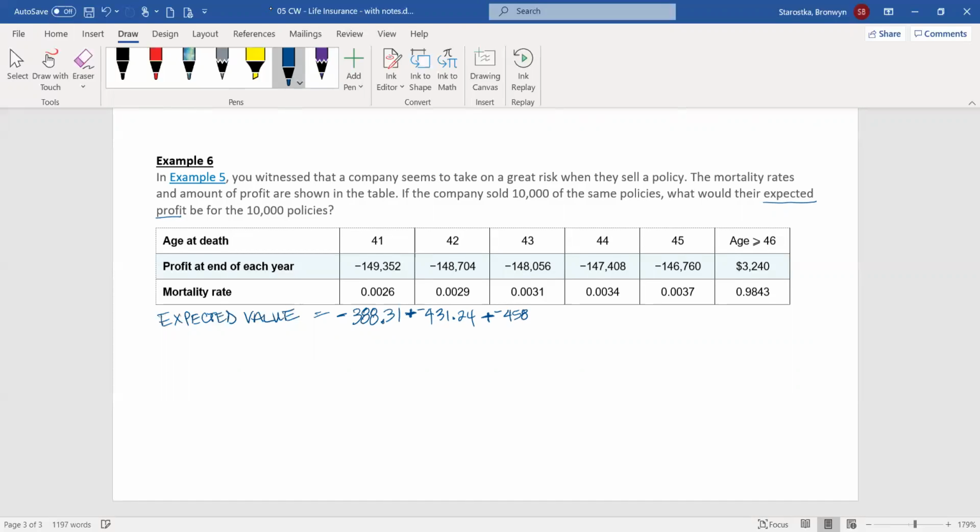To that you add negative 501.19, and to that you add a negative 543.01.